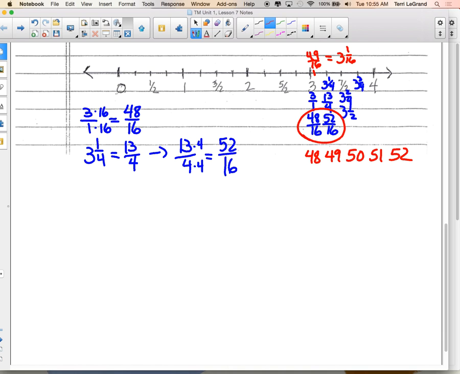Also known as, what's its decimal name? What's its decimal name? 3.625 10,000ths. Okay, good job.